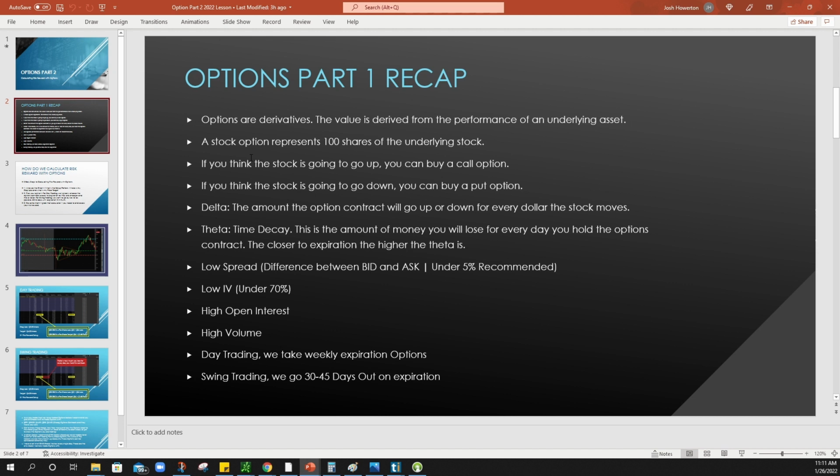So, if the bid is $1 and the ask is $1.10, that is a 10% spread. We want to only ideally trade options that have under 5% spread. So that would mean the bid would be $1 and the ask would be $1.05. That would be a 5% spread because that is the difference between the bid and the ask.